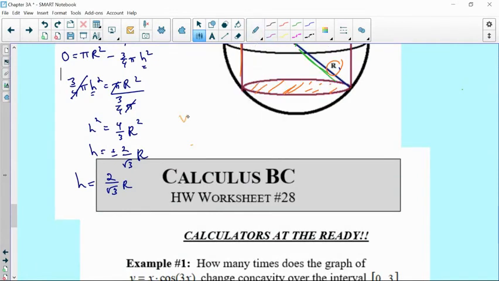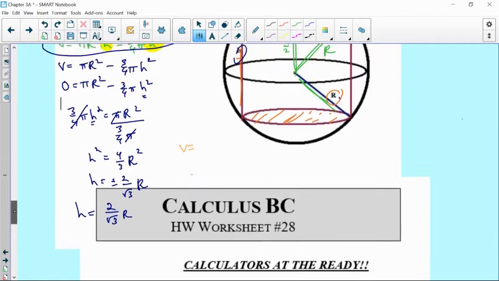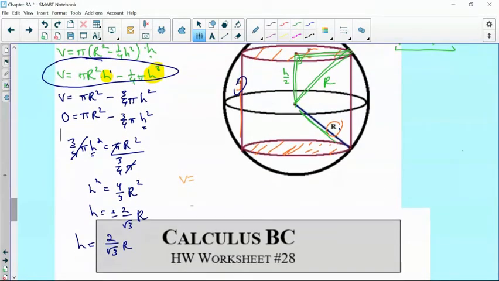Volume is equal to pi R squared times the height, which we said was 2 over root 3 R, minus 1/4 pi h cubed. So that quantity, 2 over root 3 R, cubed. R and R squared is R cubed.